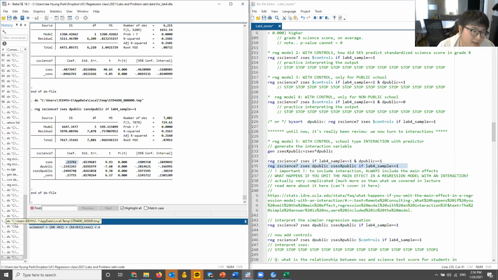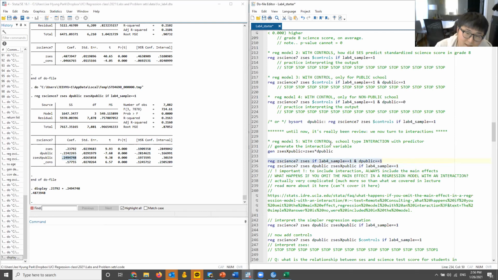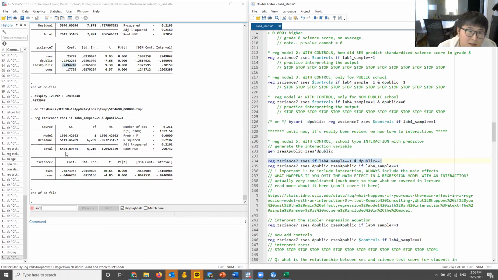And if I combine them, and there's another way to do this, as you saw, it's 0.48739848. Okay. Now I'm going to run this regression again, which is writing the same regression, but limiting it to public school. And it's 0.48739747. This is a rounding error.